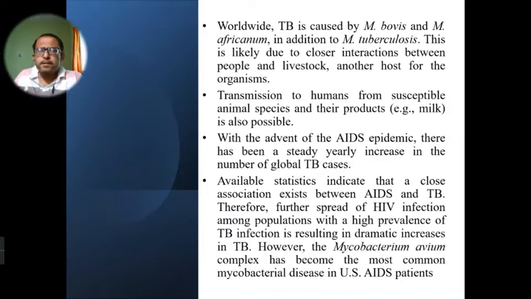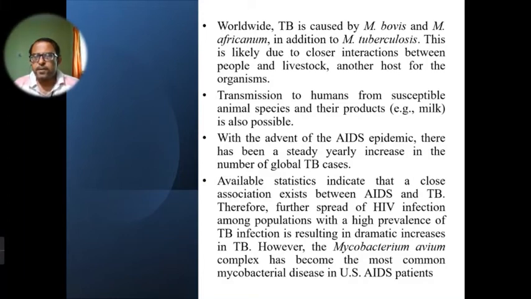Now the worldwide tuberculosis infection is mainly caused by Mycobacterium tuberculosis, but along with this pathogen, Mycobacterium bovis and Mycobacterium africanum are the other two mycobacterial species also involved in causing infections to human beings and other animals.